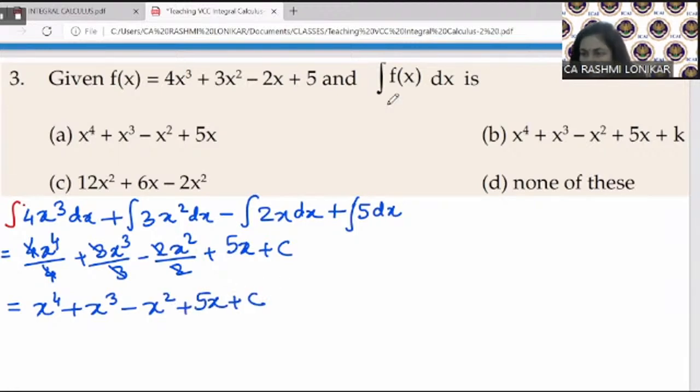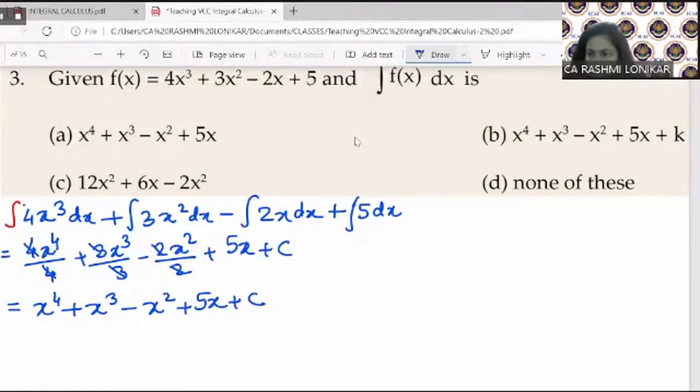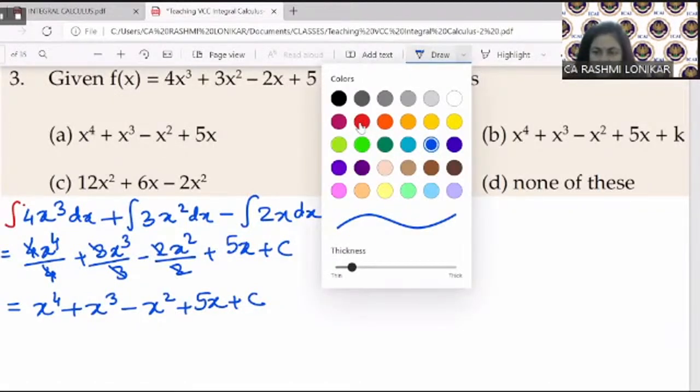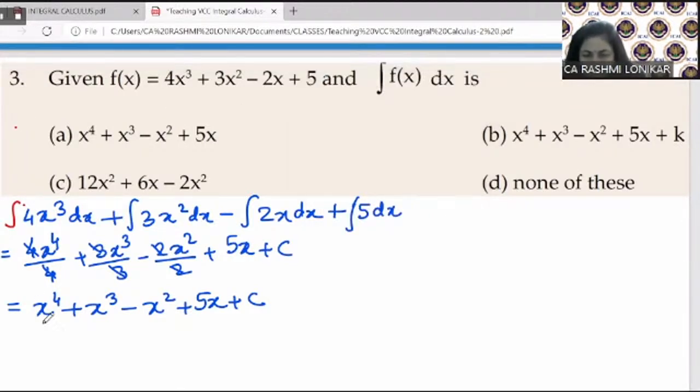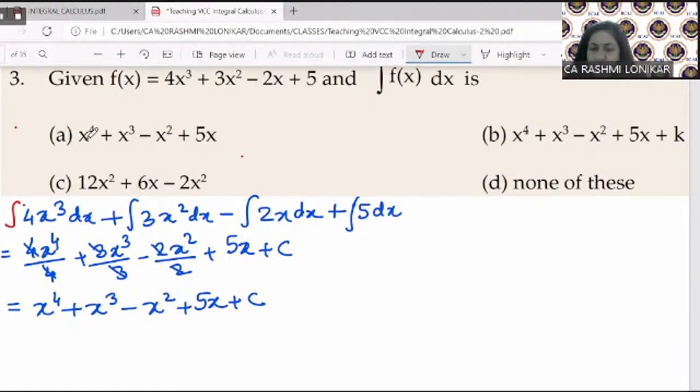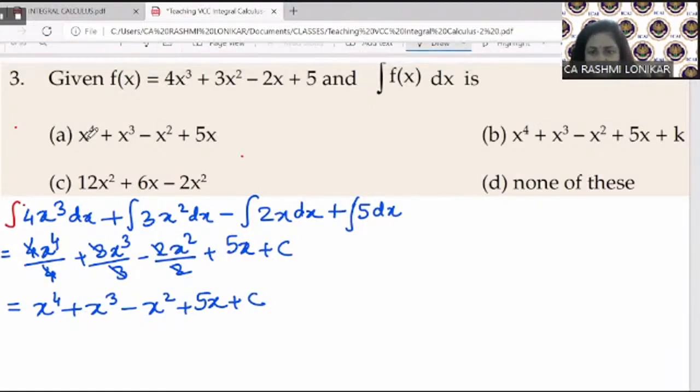Okay. Why I'm even talking about the options here is because so many times it happens that we get the correct answer by solving, but while circling the correct answer, we make a mistake. So this is x raised to 4 plus x cube minus x square, so plus, plus, minus, plus. Now, what is the difference between option A and option B? Same thing. X raised to 4 has a plus sign, right?